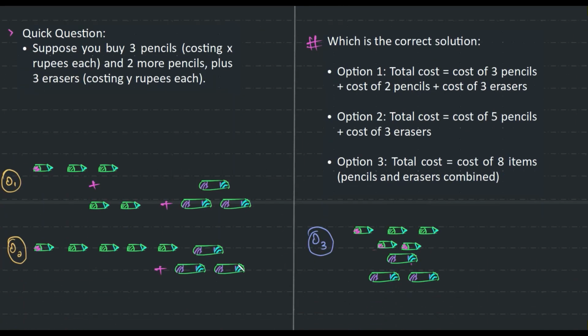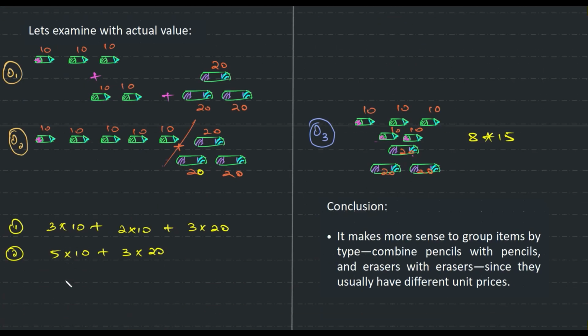Here option 1 is right, and also one more is right. Option 2 as well. So basically option 1 and option 2 will give us the same answer. It's a funda. And that's what we are trying to learn. Eventually we'll learn all of this.